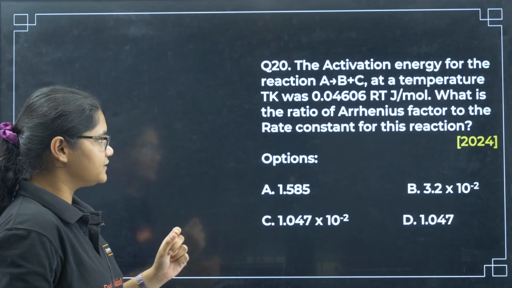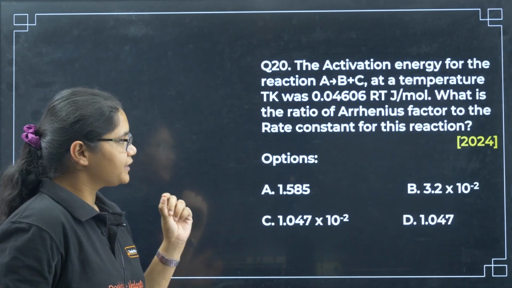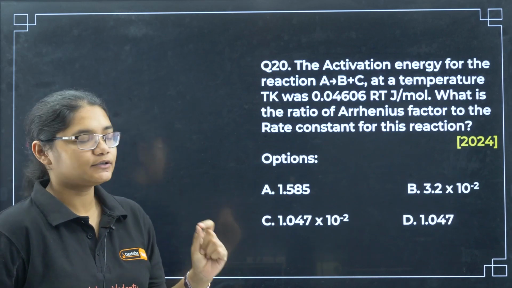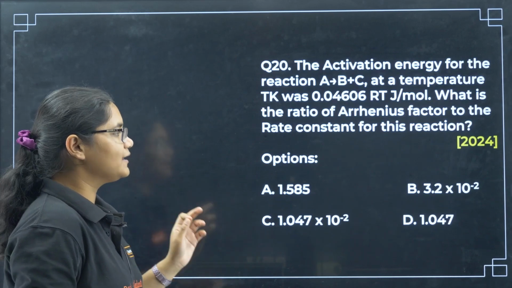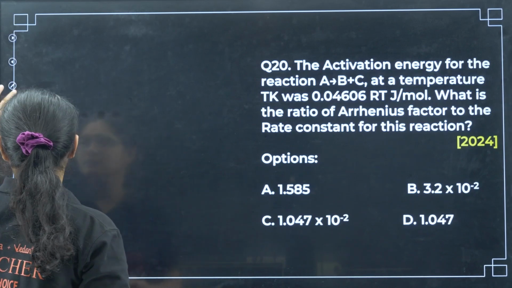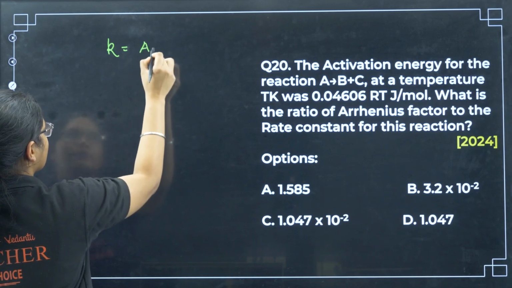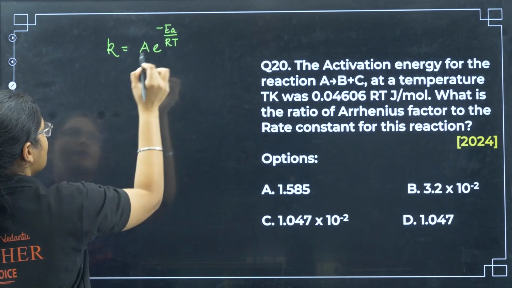The activation energy for the reaction A gives B plus C at a temperature T Kelvin is given to you, which is 0.04606 RT. What is the ratio of the Arrhenius factor and the rate constant for this reaction? So first, let us start by writing the Arrhenius equation. K equal to A into e to the power of minus EA by RT.